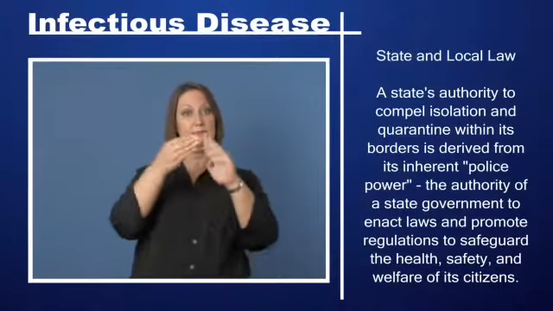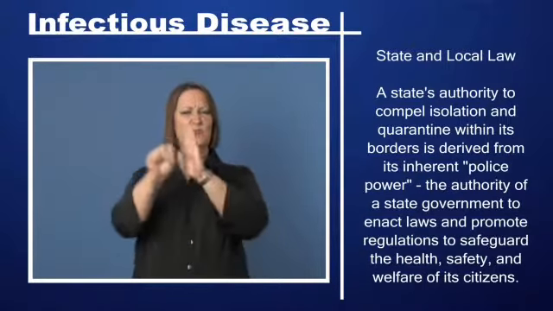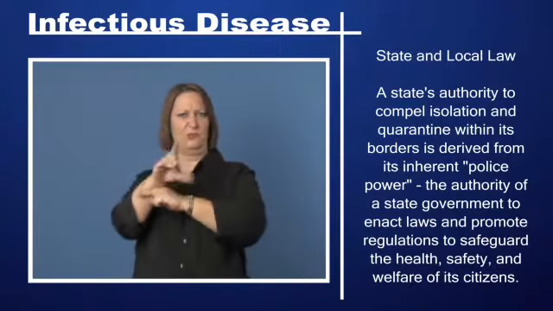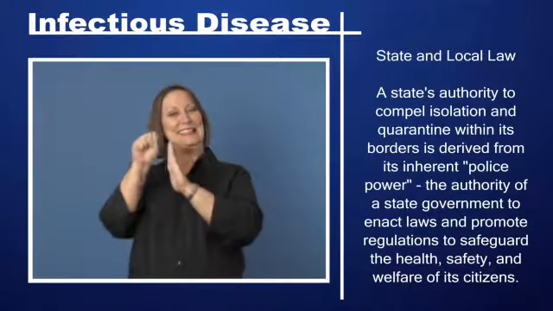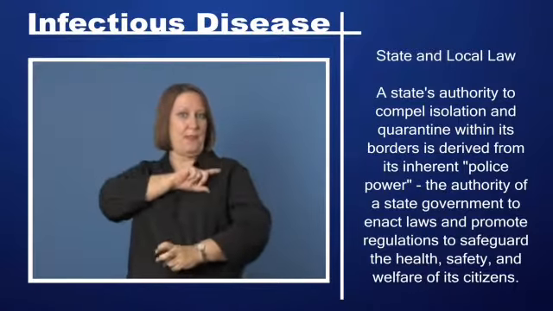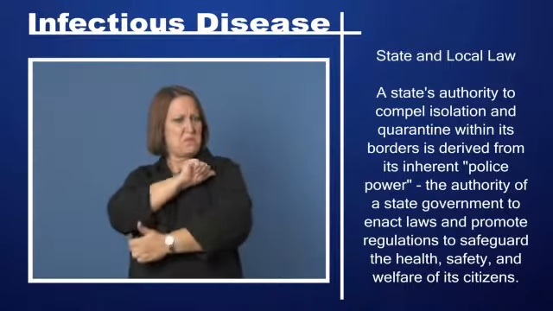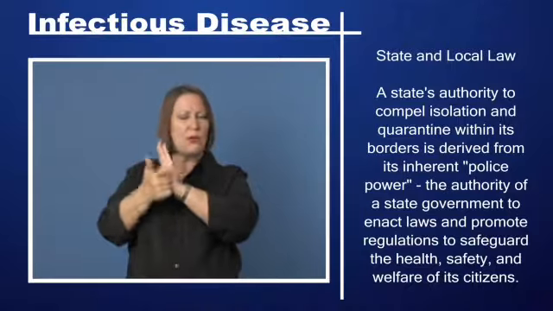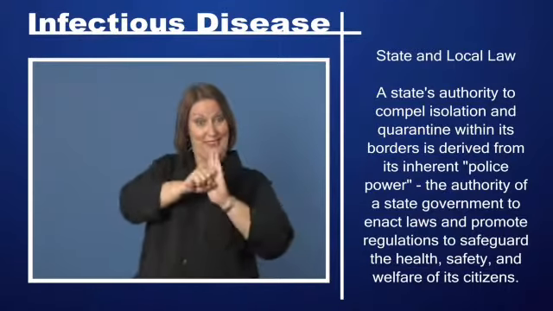State and local law. A state's authority to compel isolation and quarantine within its borders is derived from its inherent police power, the authority of a state government to enact laws and promote regulations to safeguard the health, safety, and welfare of its citizens.